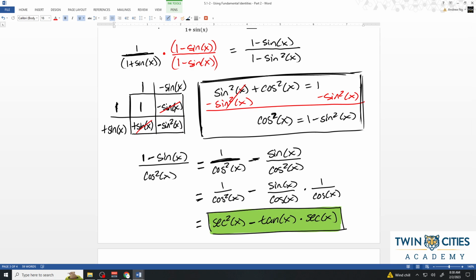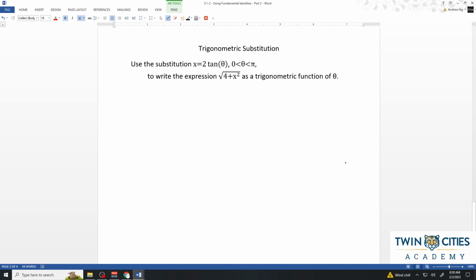The last thing I want to talk about is some substitution. So, trigonometric substitution. We're going to use the substitution x equals 2 times tangent of theta, where 0 is less than theta, less than pi. We'll see if that matters here.